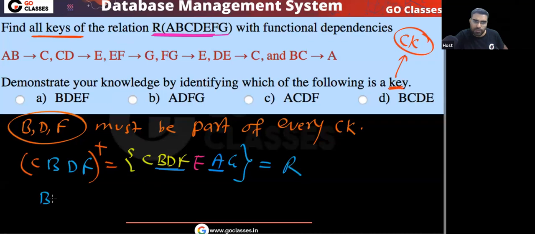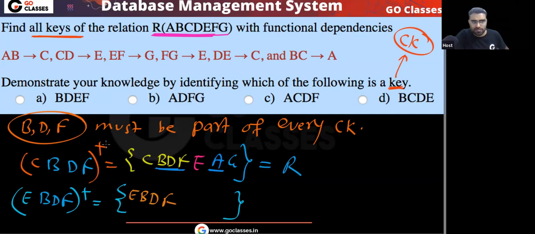What else? With BDF, can I do something else? Yes, I can try E. If I add E, what am I getting? I will get EBDF.